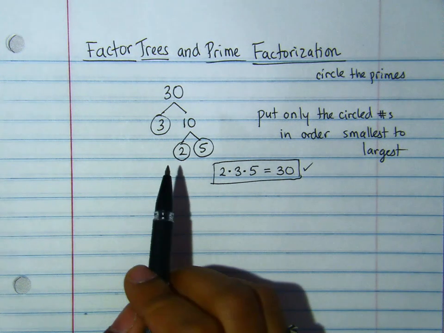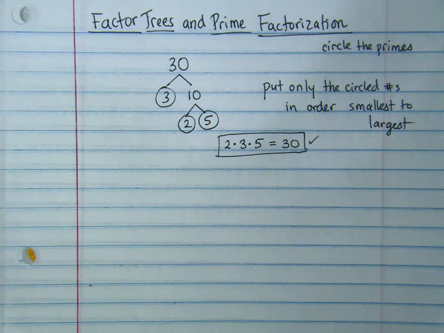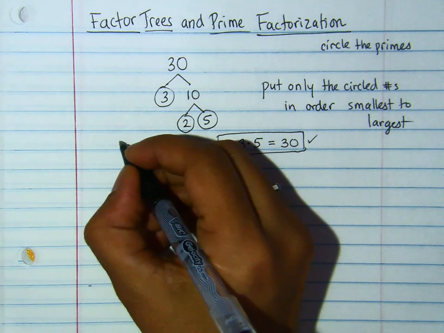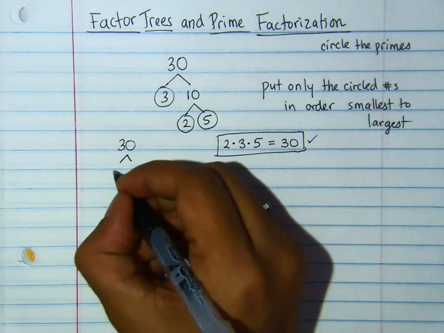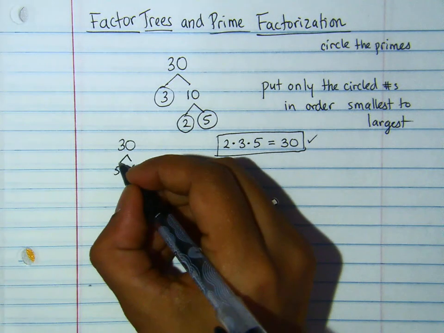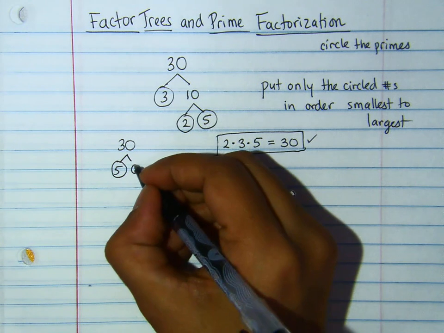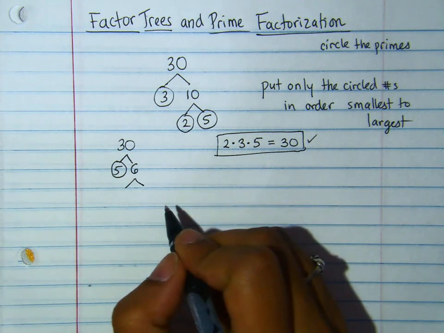Now, the nice thing about factor trees is you could do it multiple ways and you will still get the same answer. So I'm going to show you another way we could have done 30. I could have said, okay, 30 I know is 5 times 6. And then I would look at 5 and I'd say 5 is a prime number, so I'm going to circle it. And then I would look at 6, and 6 is not a prime number, so that means I can break it into smaller prime numbers.